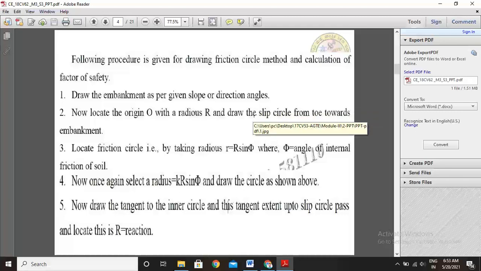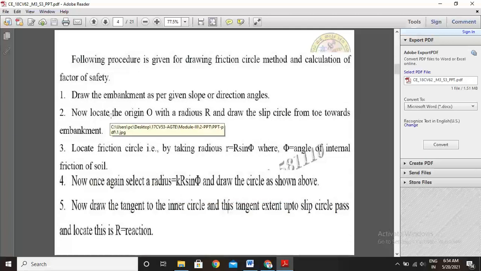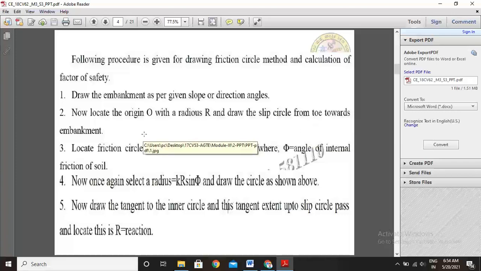See here, draw the horizontal line and, based on the given slope or direction angle, locate the embankment with respect to the given height of the embankment. Next, second step: locate the origin O with radius R and draw the slip circle from the toe towards the embankment.